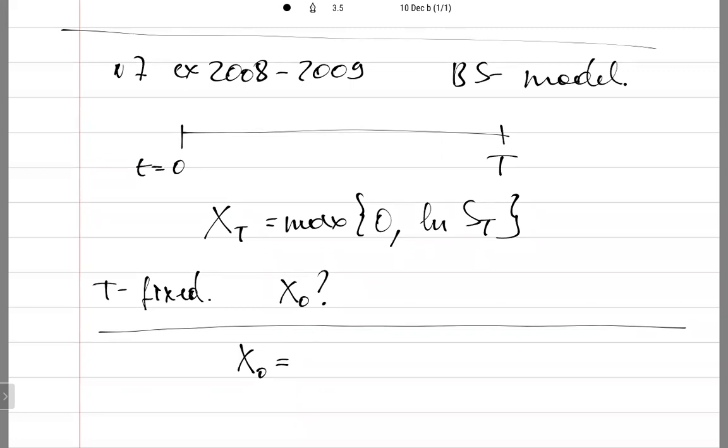So if you have your questions, you are free to ask. But the question was how to calculate that value. So we take the expected value with respect to the risk neutral measure of this XT given F0.